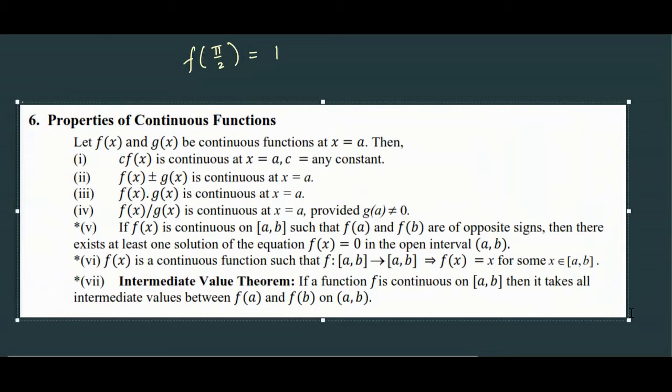So let f and g be two functions continuous at x equal to a. If you multiply f with a constant, the function continues to be continuous at x equal to a.